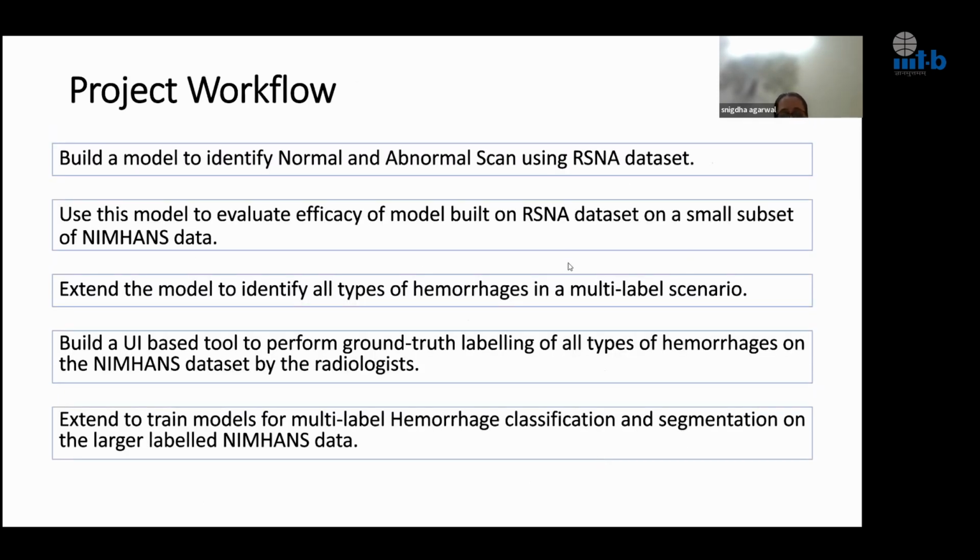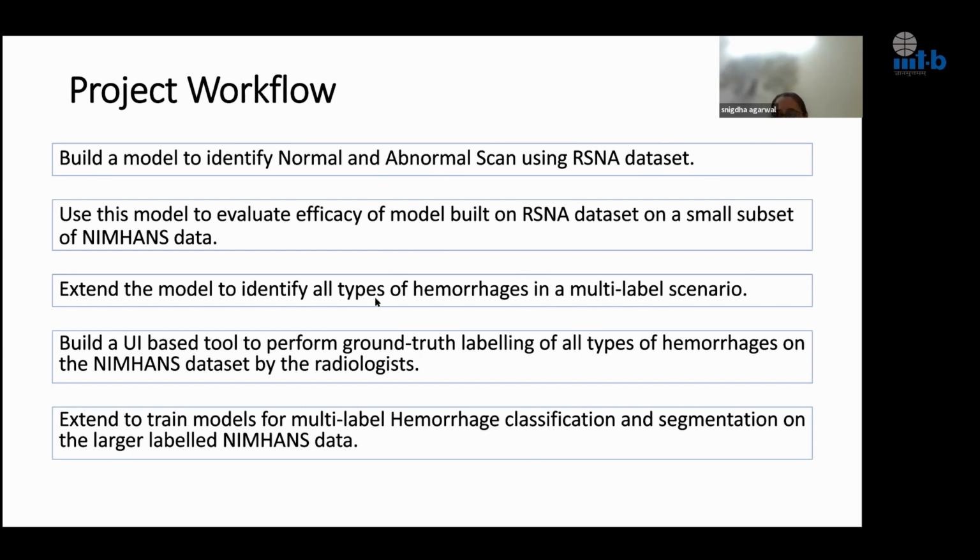The project workflow is in this format. We initially target to build a model which is able to identify normal and abnormal scans, so that from the data set that we have in NIMHANS, we could segregate the normal scans and the abnormal scans. After this, we use this model to evaluate the efficacy of the RSNA model on a small data set of the NIMHANS data.